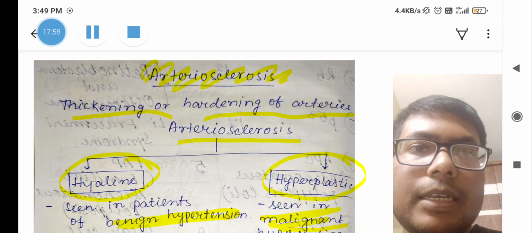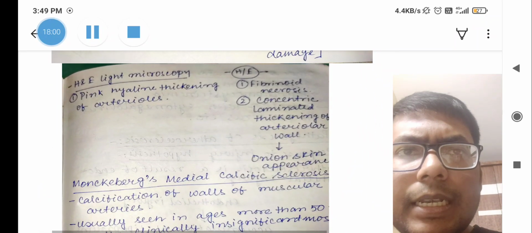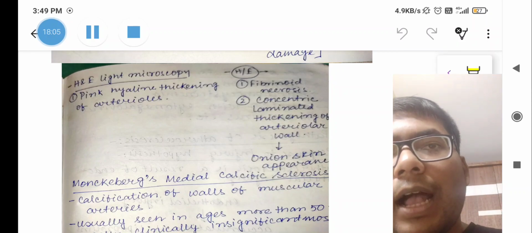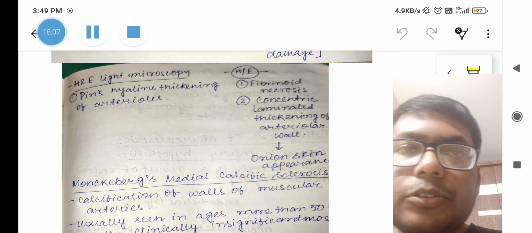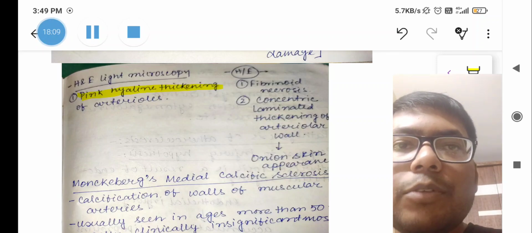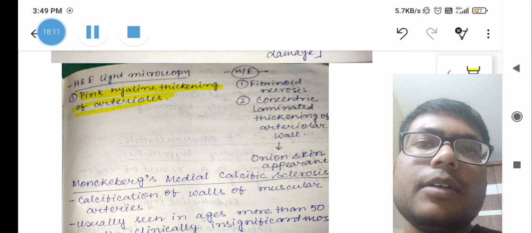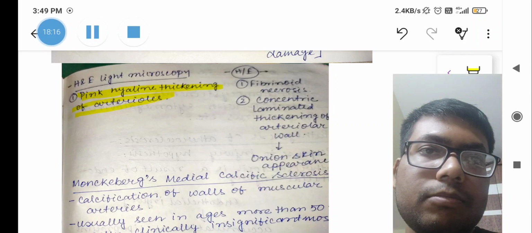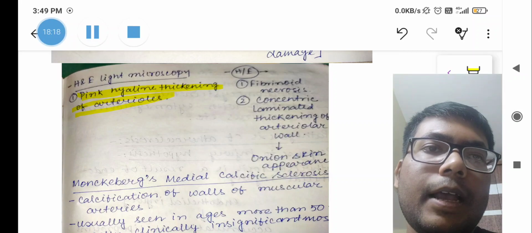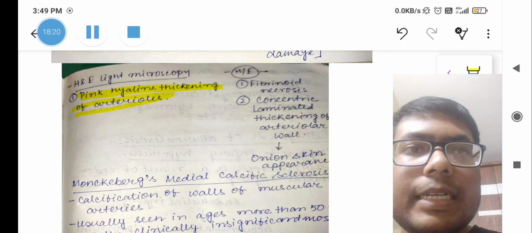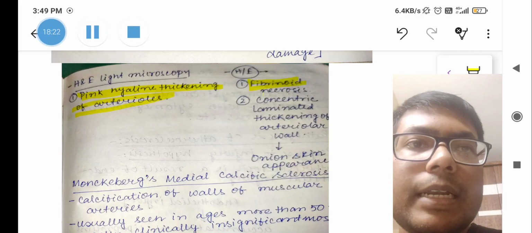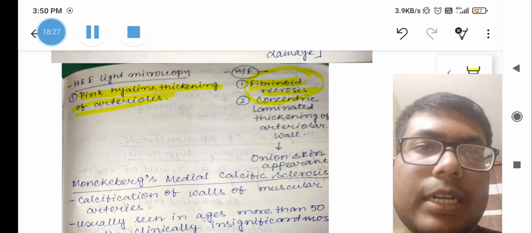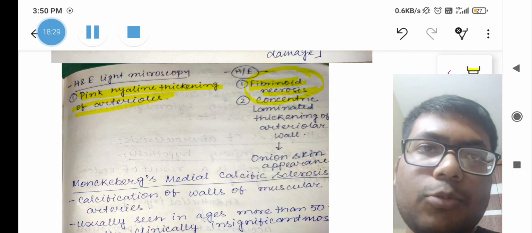And in light microscopy, in case of hyaline arteriosclerosis, a pink hyaline type of material is present surrounding the arterioles. In case of hyperplastic arteriosclerosis, there is fibrinoid necrosis, and there is concentric laminated thickening of the arteriolar wall.